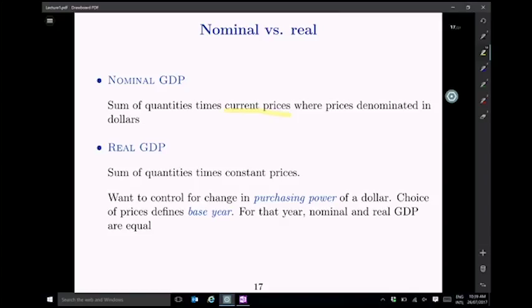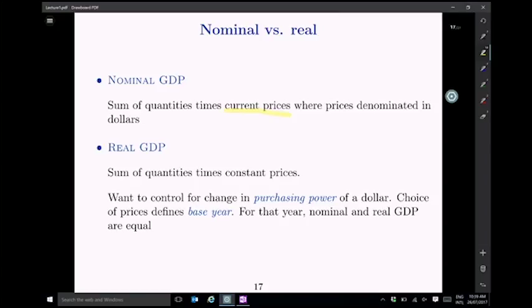Is there a problem? Right, exactly, price, right? Because from 1960 to 2017, of course, aggregate production expanded, but what about the price level? If we use the current price, we haven't been able to control for the price level. So merely comparing nominal GDP across different times doesn't give you the precise comparison between aggregate economic production between the two times, right? Rather, that's why we introduced the concept of real GDP.